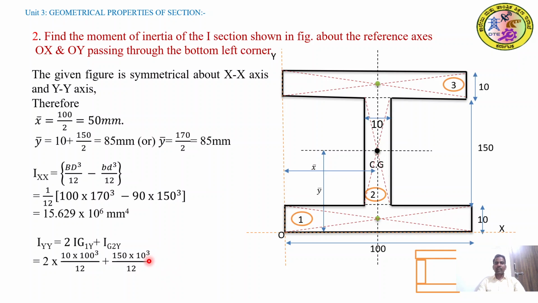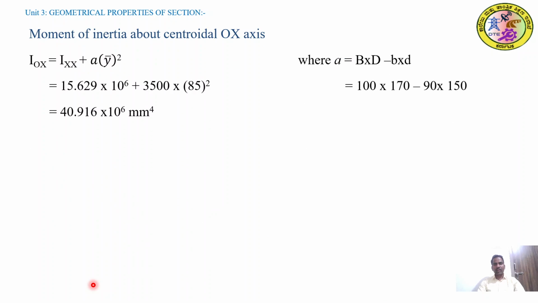So here 10 is the depth of the section: 150 by 10 cubed, that is the second section, so 150 into 10 cubed by 12. So here we will get the moment of inertia about the y axis as 1.679 into 10 power 6 millimeter power 4.